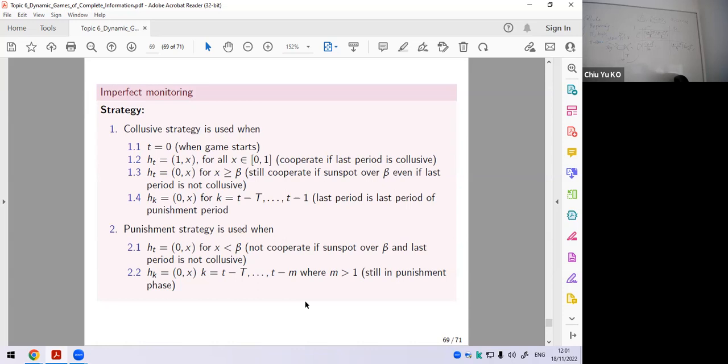So in that case, why does it work? Because it means that when you deviate, there is some probability that you get punished. That's the main idea. Then you would try not to deviate, because you're always tempted to deviate.